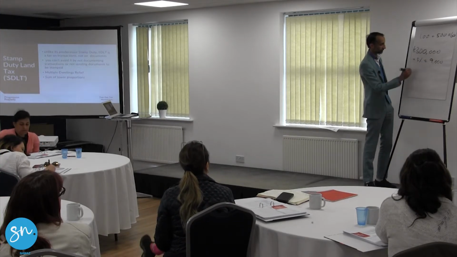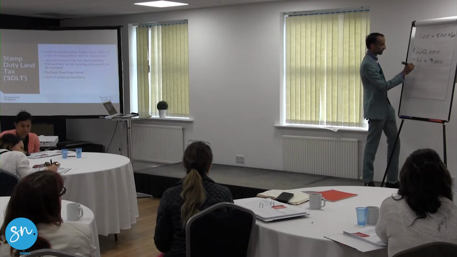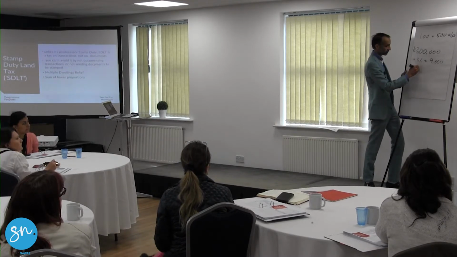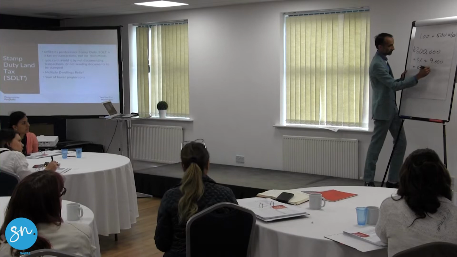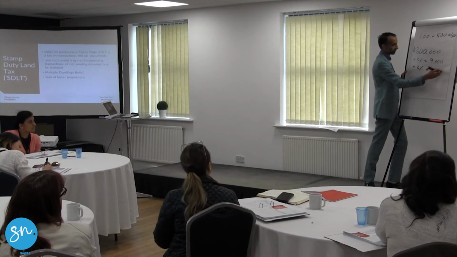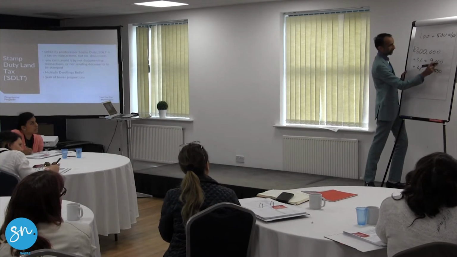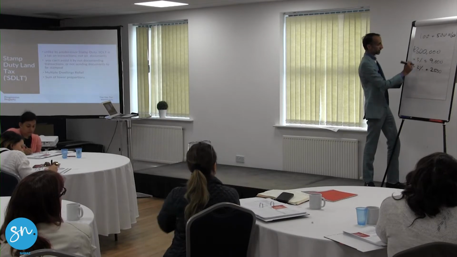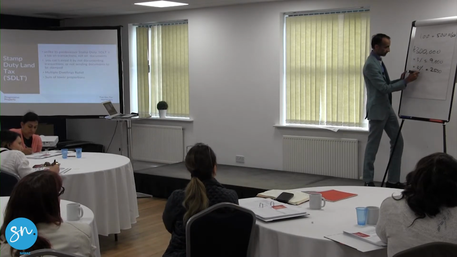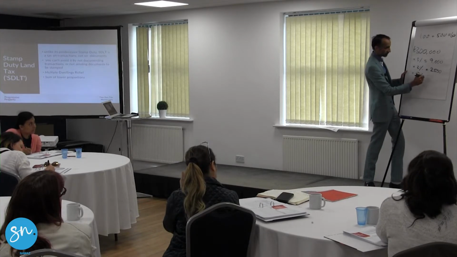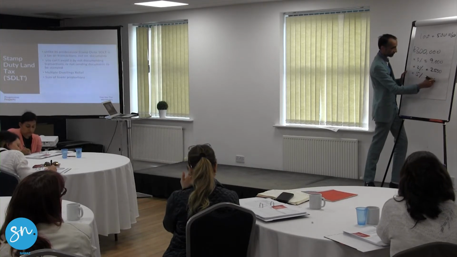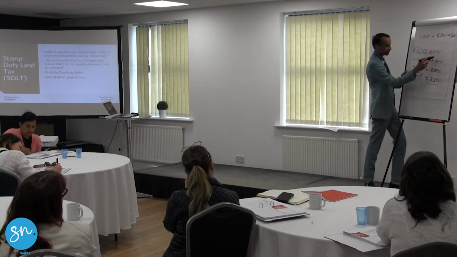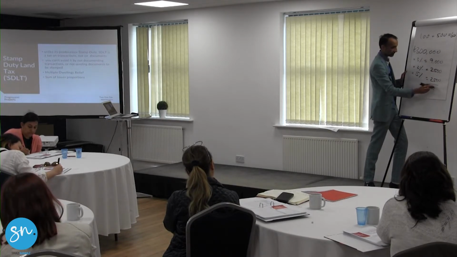And then the first 125, there's nothing there. The next 125 is 2%, okay, which gives us 2,500, yeah? So that gets us to 250, and then 50 grand at 5%, which gives us another 2.5 grand, yeah? So 5 plus 9, 14,000, okay?